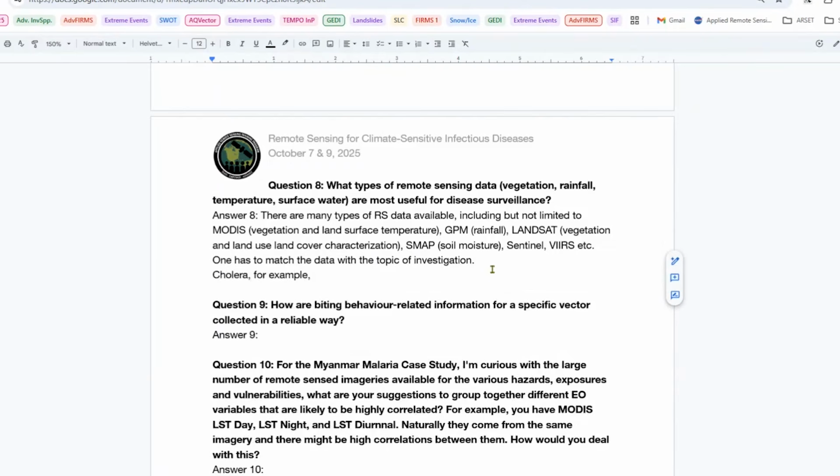Are there poor environments that you could associate with poor sanitation? Are there particular blooms in the nearby water bodies? All that becomes much more important.